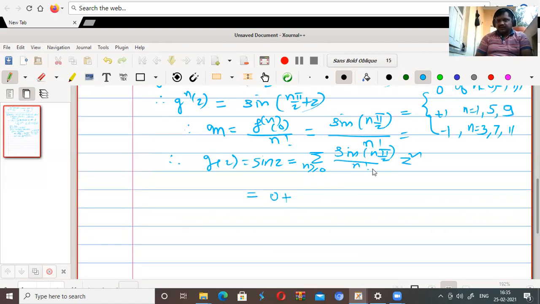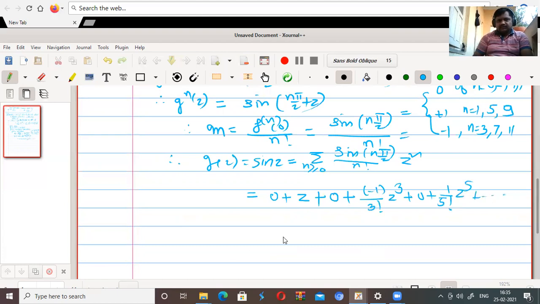Plus for n equal to 1, it is 1 upon 1 factorial into z raised to n, means z. Plus for n equal to 2, it is 0. For n equal to 3, it is minus 1 upon 3 factorial z cube, plus 0, plus 1 upon 5 factorial z raised to 5, and so on.